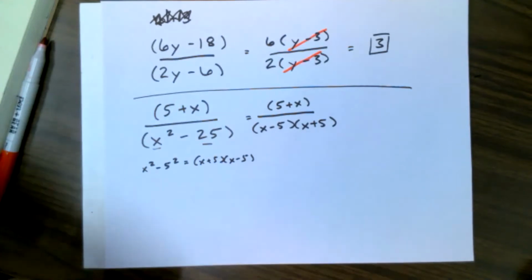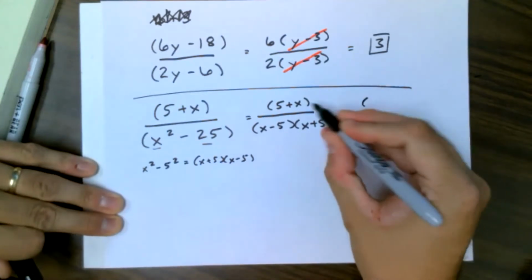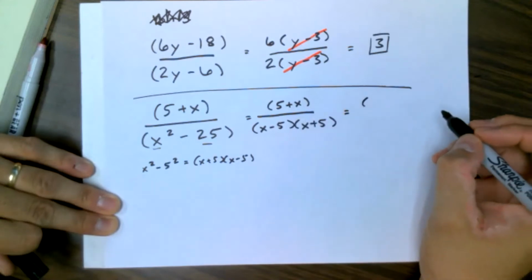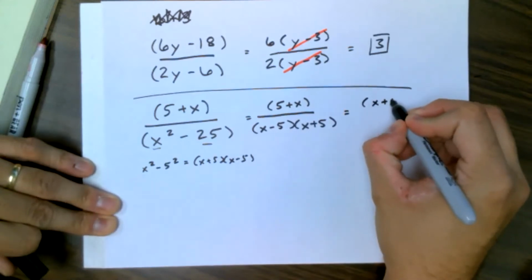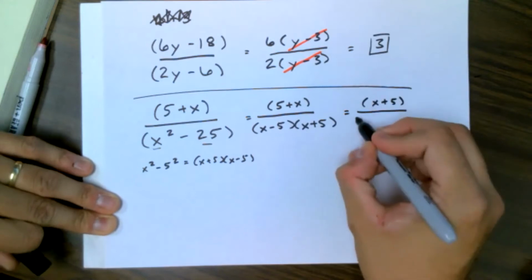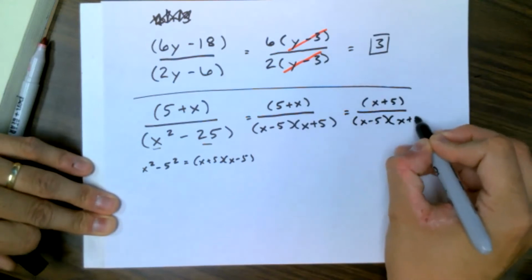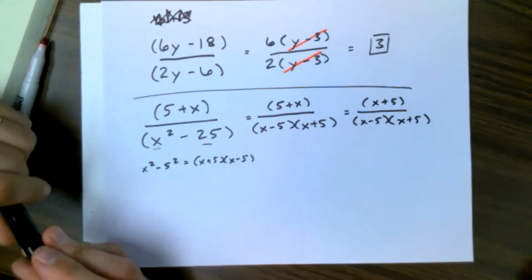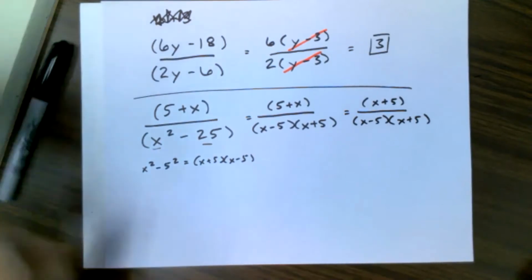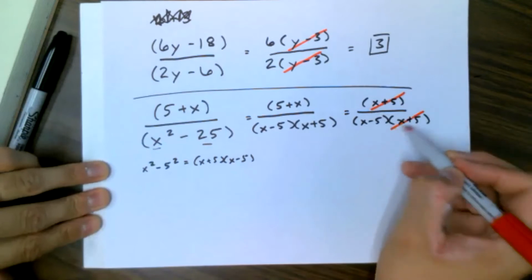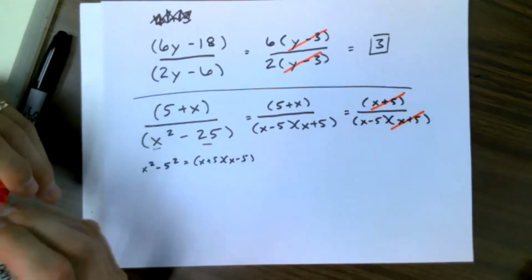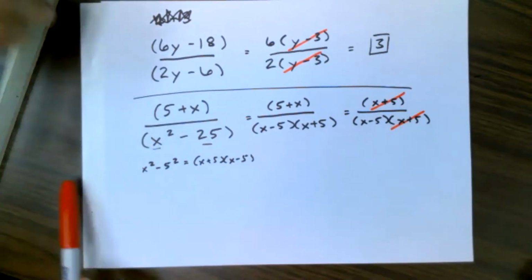If you want me to write that out, I can, okay? 5 plus 2 is the same as 2 plus 5, right? It doesn't matter which way you write it. But now we can cancel out the x plus 5s. Boom. Okay?